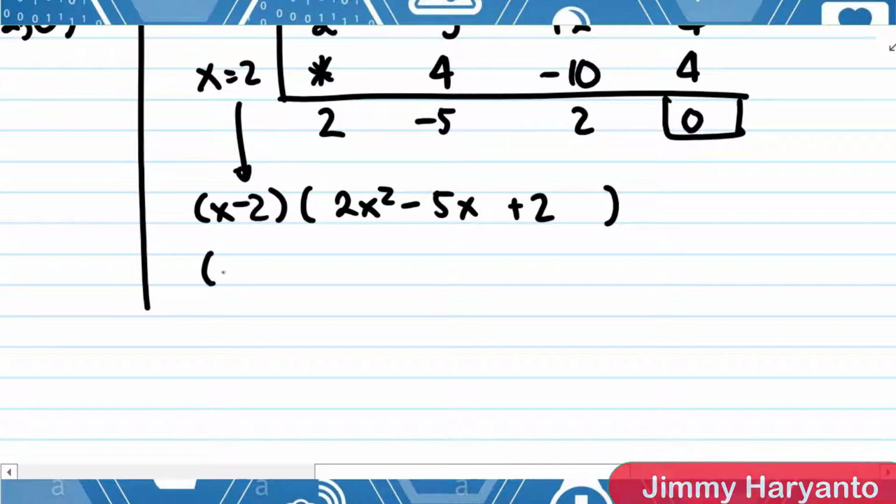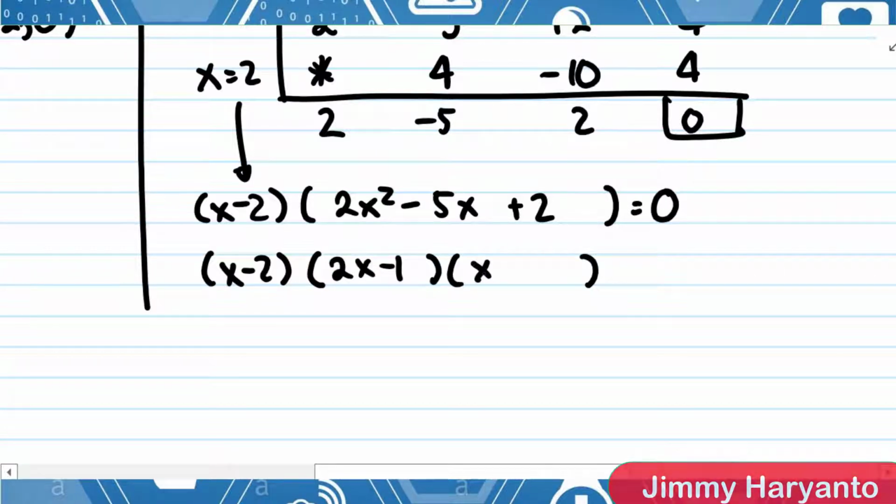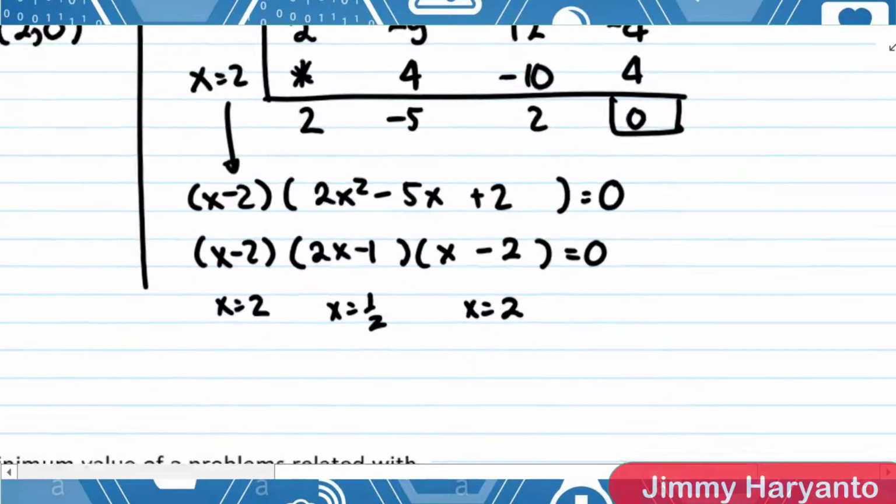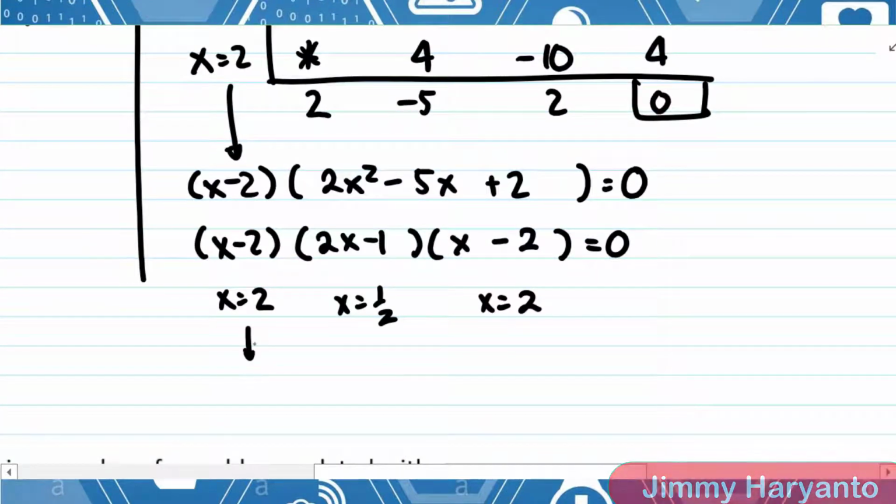After that you can factorize it one more time using quadratic factorization. You will have 2x minus 1 and then x minus 2, am I right? Okay, good. So you'll have x equals 2, x equals half, and x equals 2 for the stationary points. Next is to find the y.